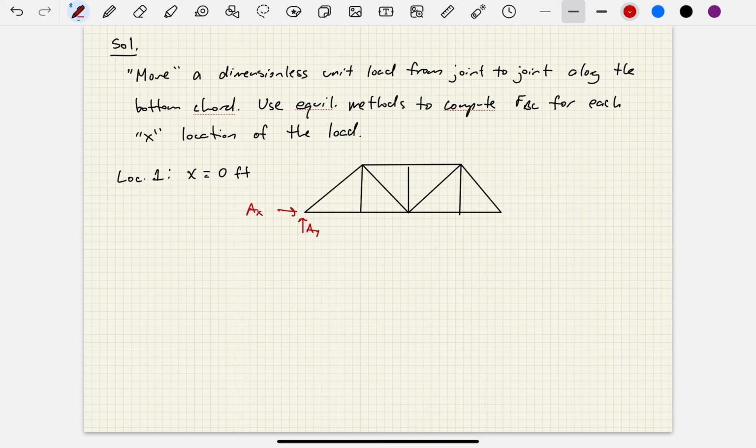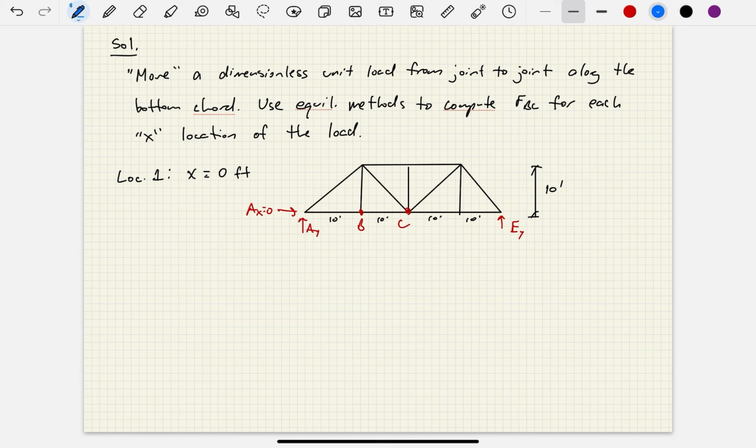Of course, for a downward load, AX is 0, and I have an EY here. And this is member BC that I'm interested in. All these dimensions are 10 feet, 10 feet, 10 feet, 10 feet, and then the vertical dimension is also 10 feet.